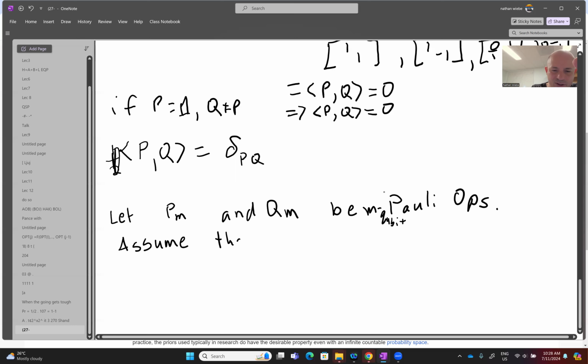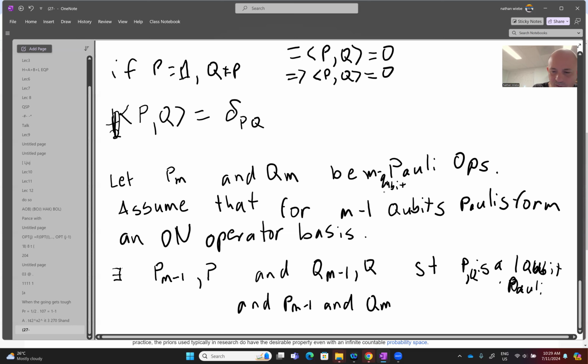Okay, so now if this is true, then there must exist two operators, P_{M-1} and P, as well as Q_{M-1} and Q, such that P and Q are 1 qubit Paulis, and P_{M-1} and Q_{M-1} are M minus 1 qubit Paulis.